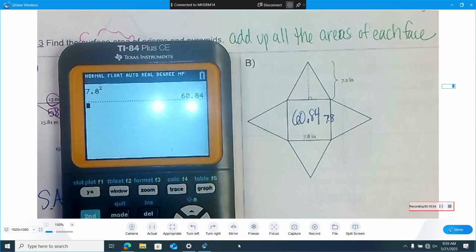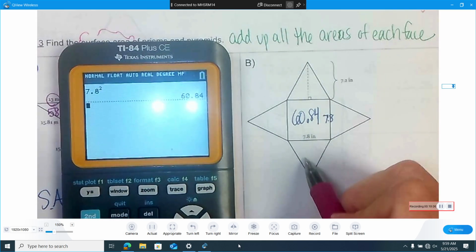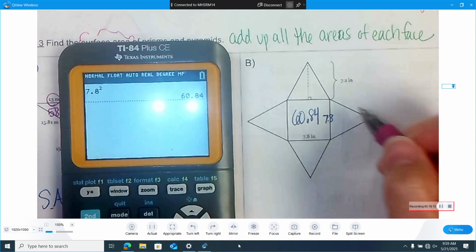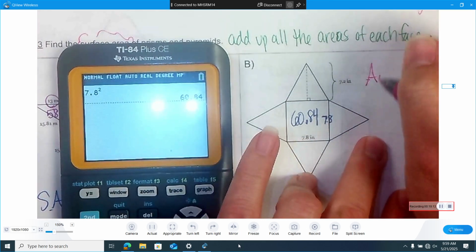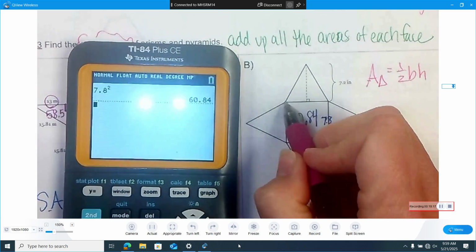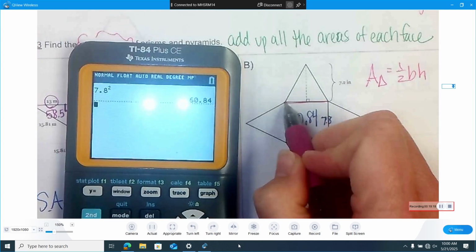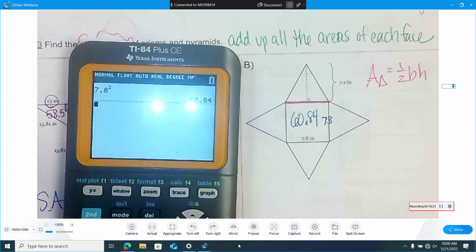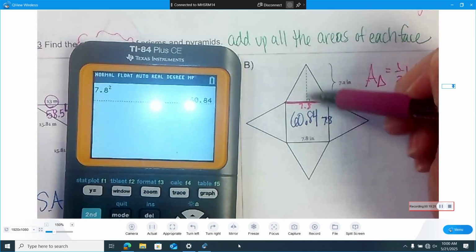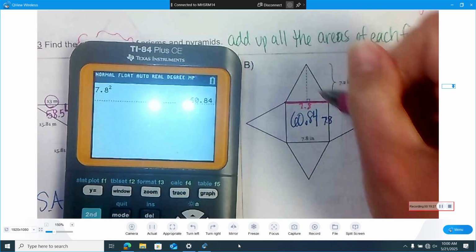All right. And so we get 60.84. And then all of these triangles are the same. And so again, the area of a triangle is 1/2 base times height. So if I'm looking at this triangle, what's this pink base here? Also 7.8. And what's the perpendicular height? 7.2.